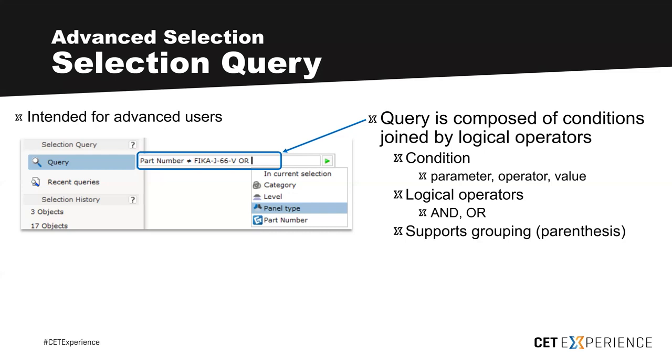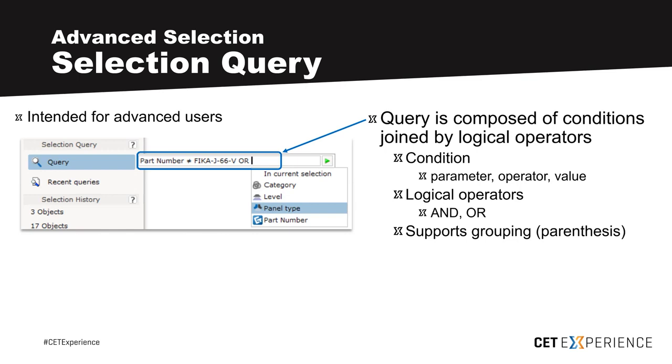So what you see in the picture is a query that is in the middle of being written. The query is composed of conditions joined by the logical operators and and or. Each condition basically has one parameter, one operator, and some number of values.